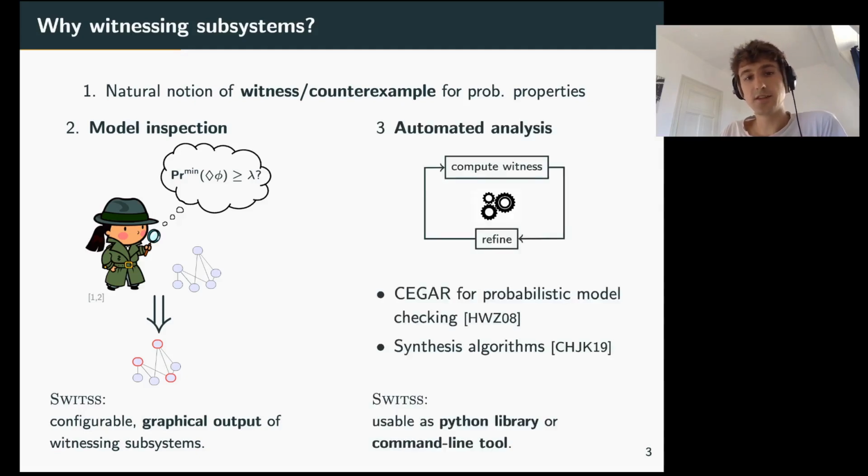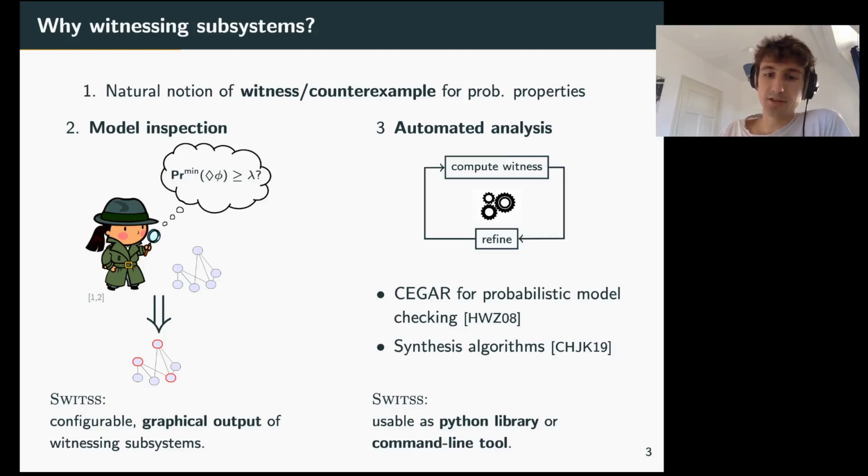Another use case is the automated analysis. So several approaches have been proposed that use similar notions or exactly this notion of witness in their refinement loop.